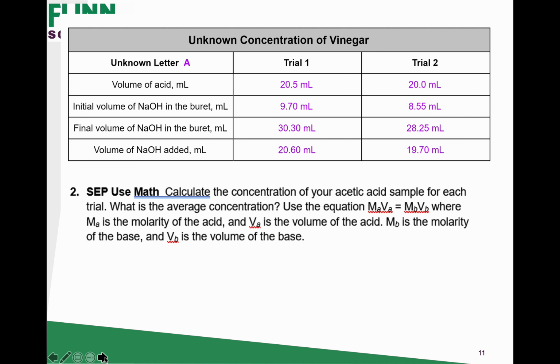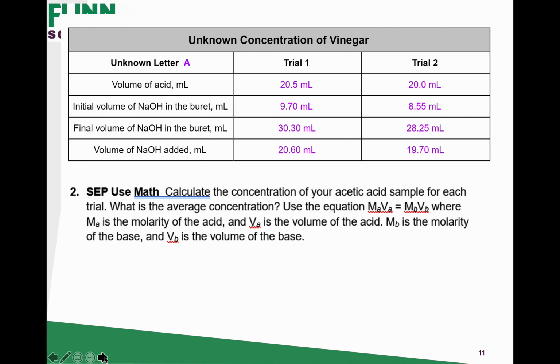Why not? When you manipulate this equation, you're going to end up with M sub B times V sub B over V sub A, so the milliliters in the numerator are going to cancel out the milliliters in the denominator, leaving you with just those units for molarity, for concentration.